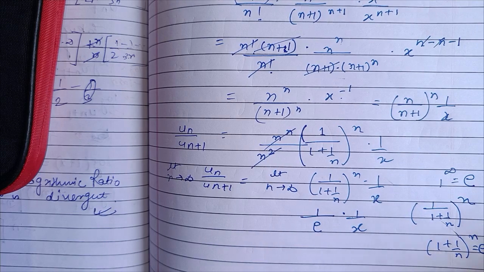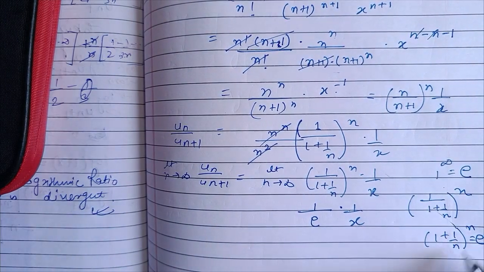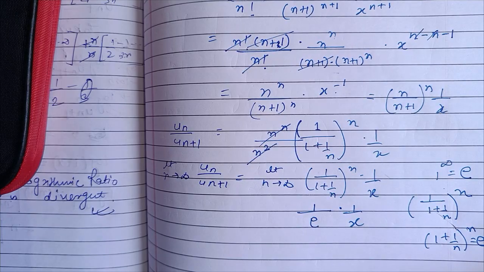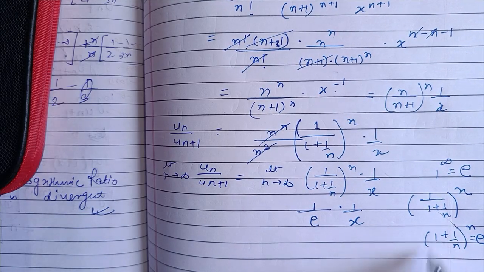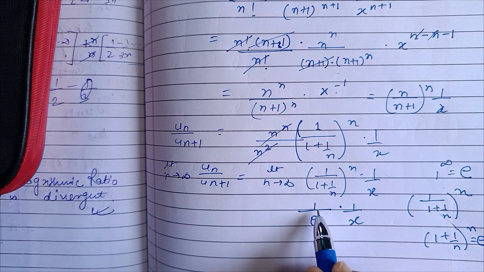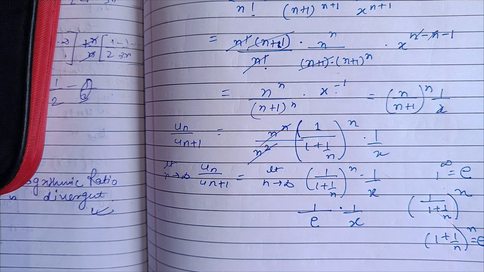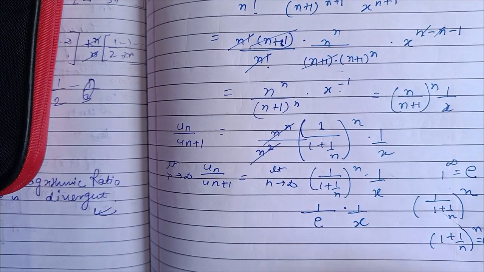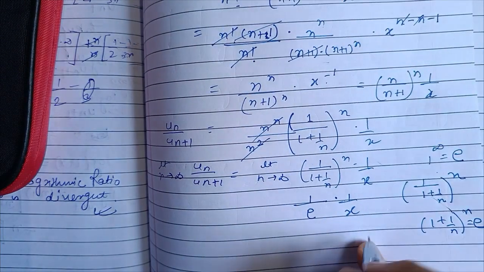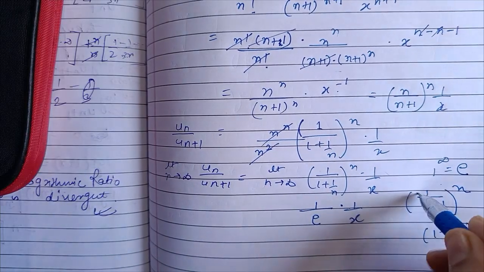So basically what I am doing here, I am just writing it's 1 to the power n upon complete to the power n, and then this represents e. Okay, so my answer is 1 upon e into 1 by x. Are you getting my point or not? This is so simple.